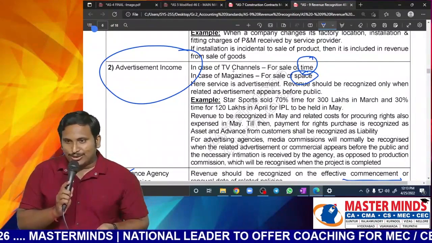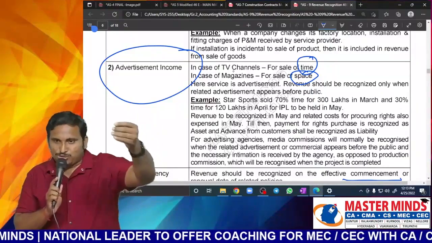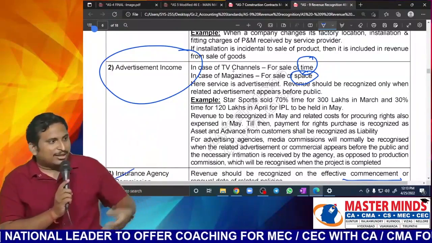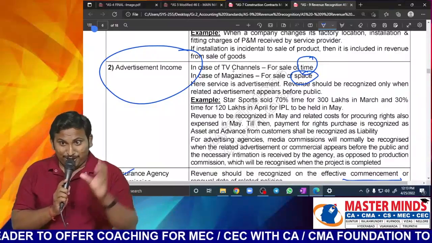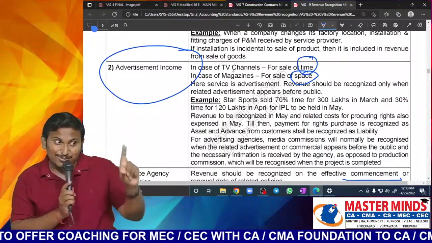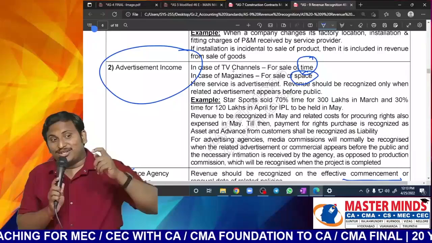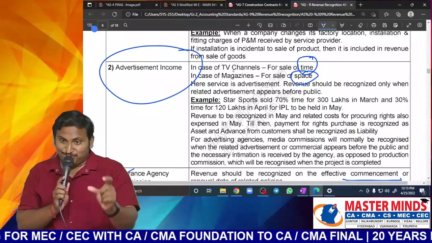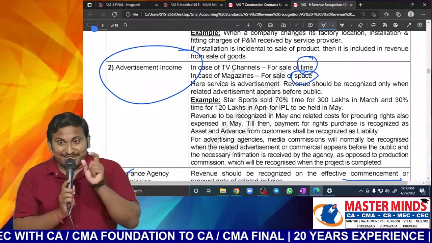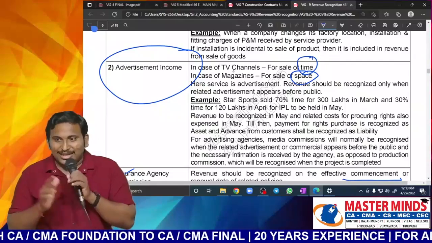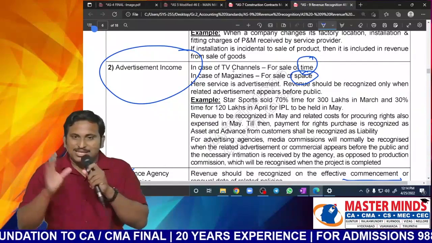Once that schedule is announced, immediately various companies, maybe Star Sports or whatever TV channel, will go for advertisement, sir. If it is after power play, or within first 6 overs, per second this much, or for 5 seconds this much revenue, or if it is the last 5 overs of the match, per second this much. If it is just at the time of toss, this much amount. Like that, for the ads communicated at different times, they will charge the revenue.